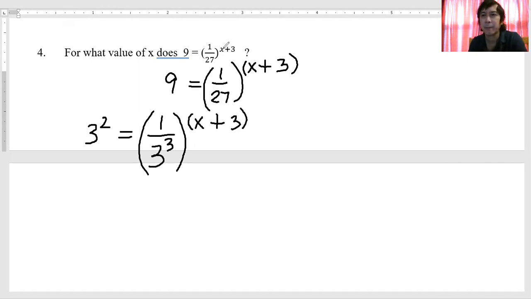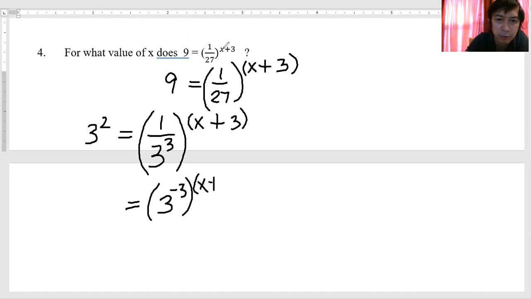There. So we're almost done with the bases. We only need to bring up the 3 to the power 3, making it 3 to the negative 3. So the right side will continue with 3 to the negative 3, and this is raised to x plus 3. The left side is the same, 3 squared.